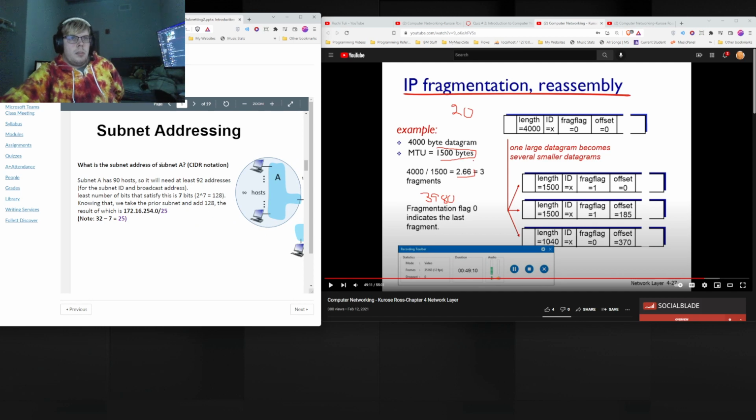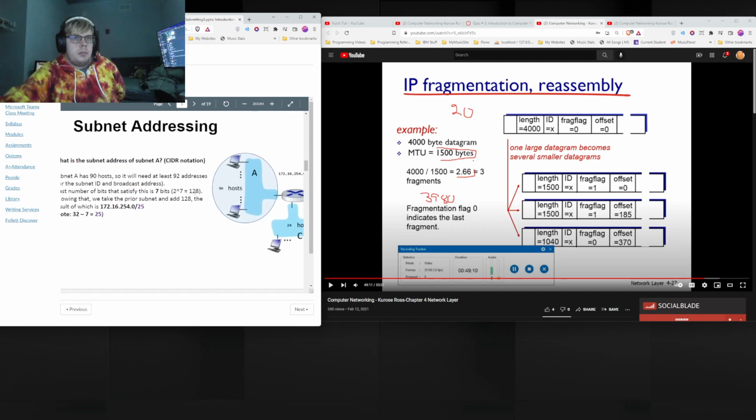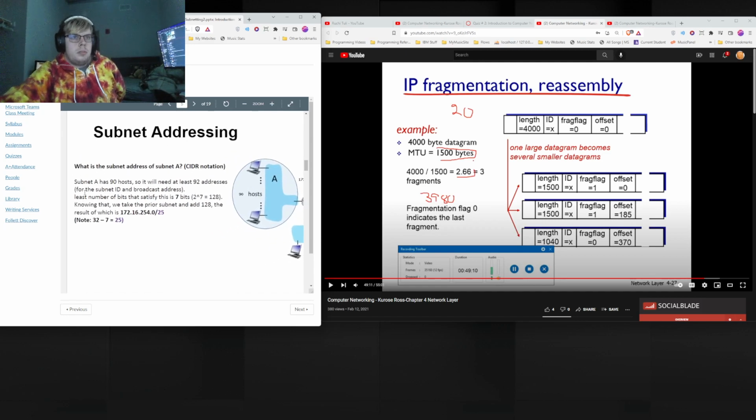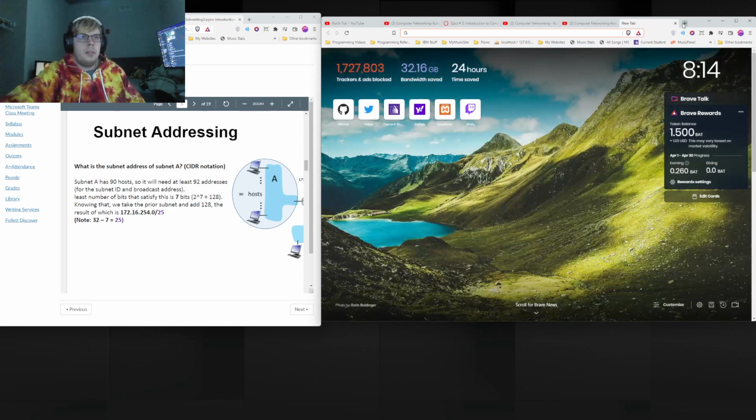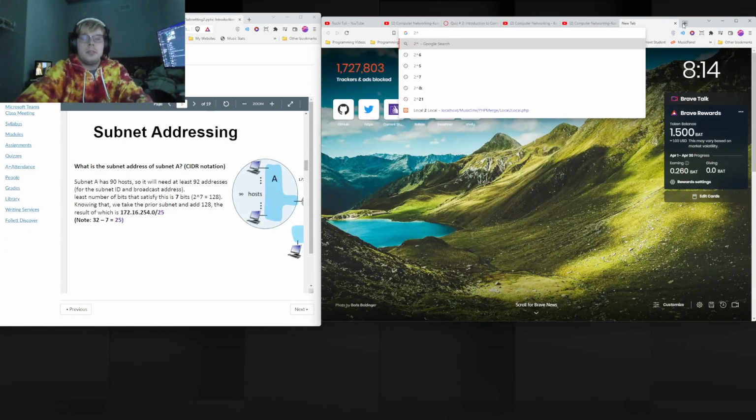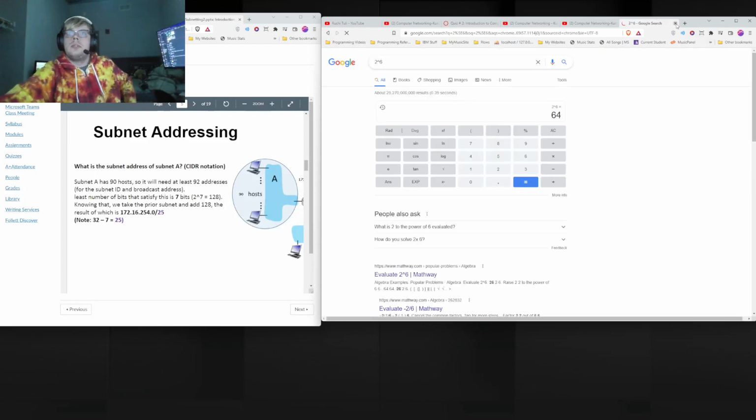Which is, what is the subnet address of? Why does this become the least number of bits that satisfy this is 2 to the 7? Because isn't 2 to the 6 64? Yeah.